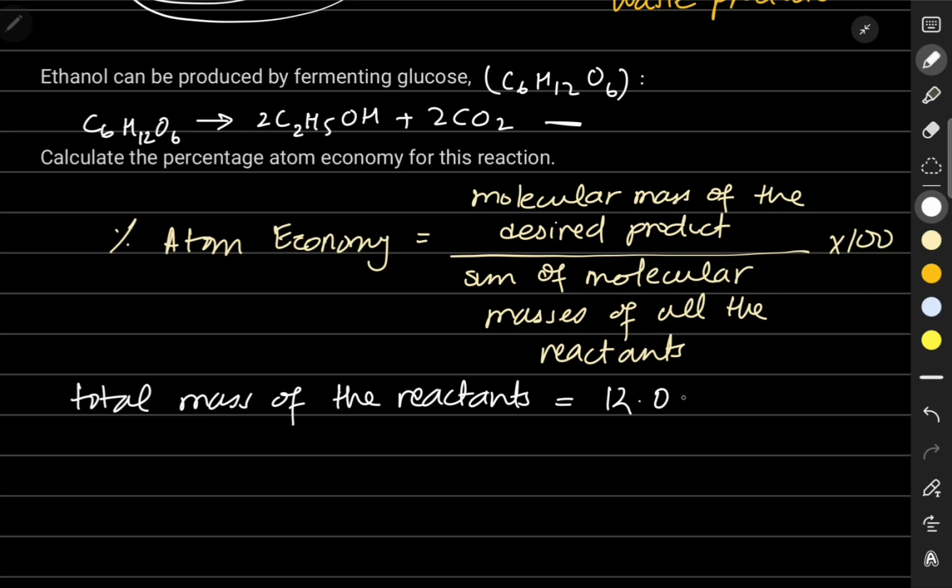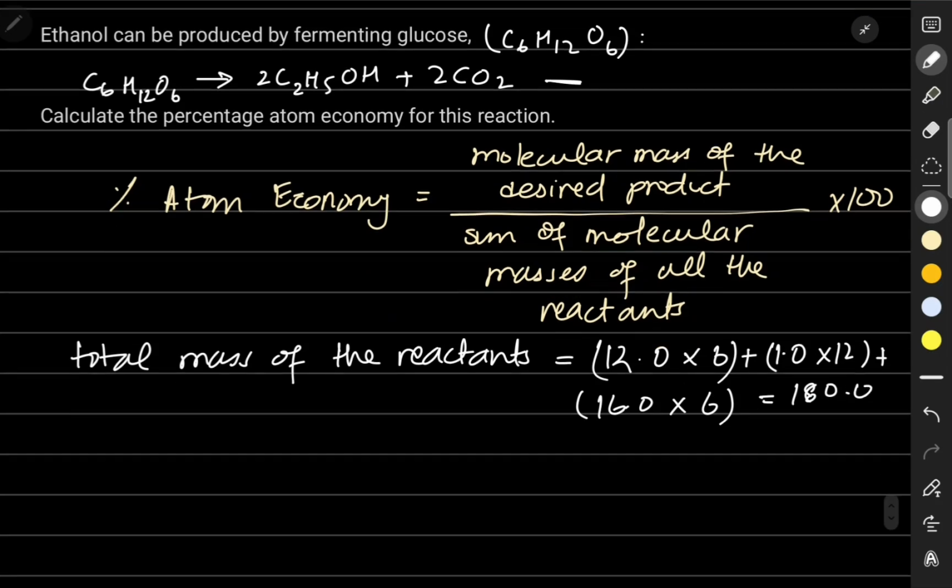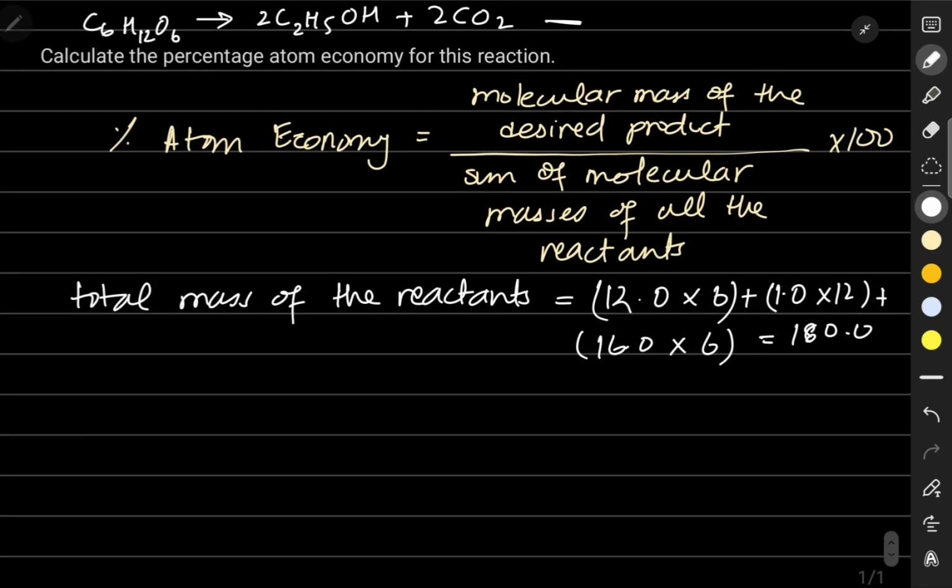So 12 times 6 plus 1 times 12, plus 16 times 6. And that's going to give you the total mass of the reactants, which is going to be 180 grams. And then the second step is going to be to calculate the molecular mass of the desired product.